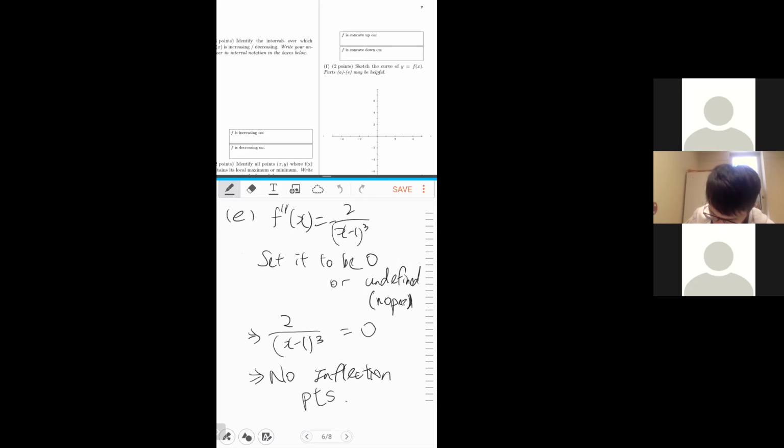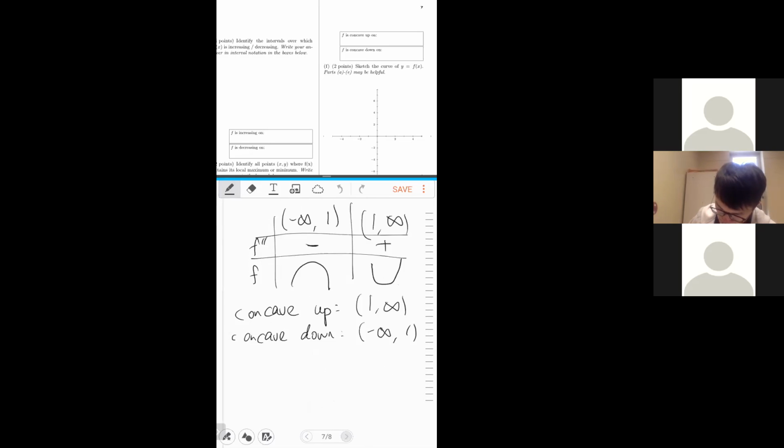And I also know that my local max is 0, 0, and local min is 2, 4. So 2, 4 is here. This one is 2, 4. And then this one is 0, 0.